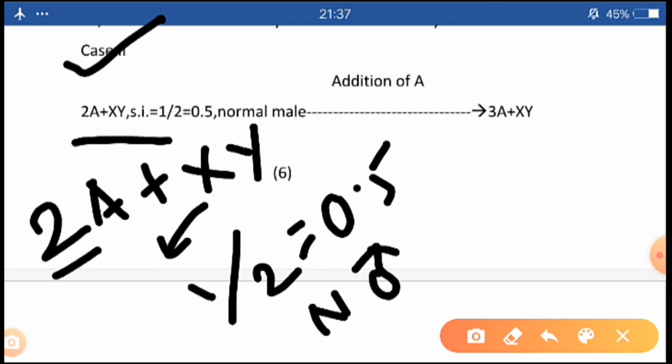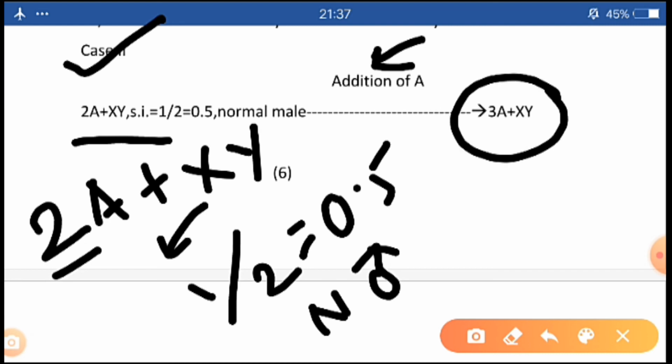Okay, if by suitable crosses, if we add a set of autosome, if it is increased, then the result will be 3A plus XY. So what will be the index?